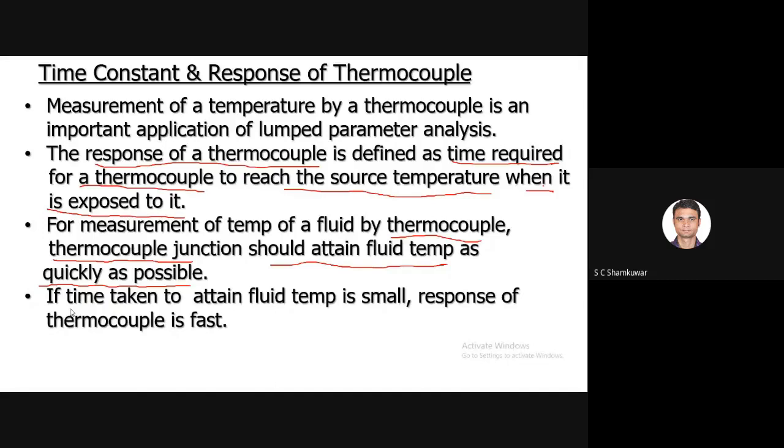So we want to increase the response. How can we increase the response? By decreasing the time taken by the thermocouple to attain the temperature of any fluid to which it is exposed. Okay. So now I think you have understood what the response is.